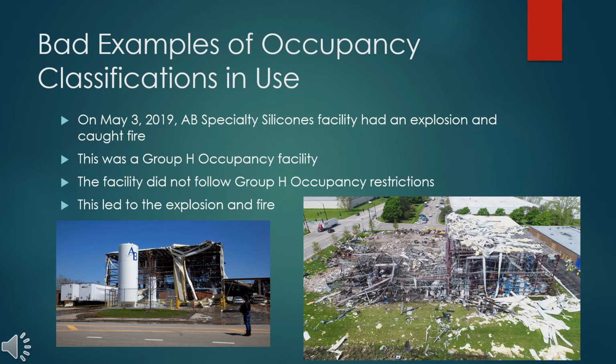A bad example of occupancy classifications in use is the AB Specialty Silicones facility in Waukegan, Illinois, that had an explosion and caught fire on May 3rd of 2019. This was a Group H, or high hazard occupancy facility that manufactured silicone. The facility did not follow Group H occupancy restrictions, which is what led to the explosion and fire.